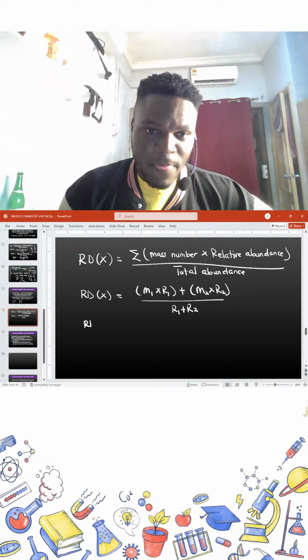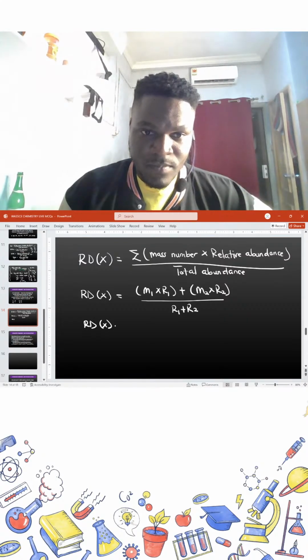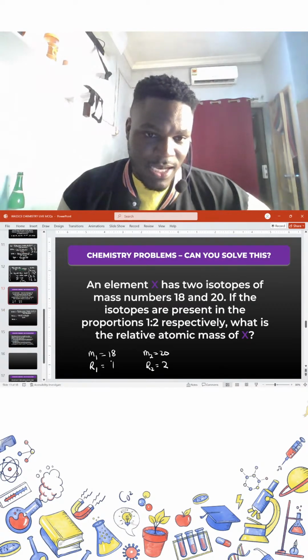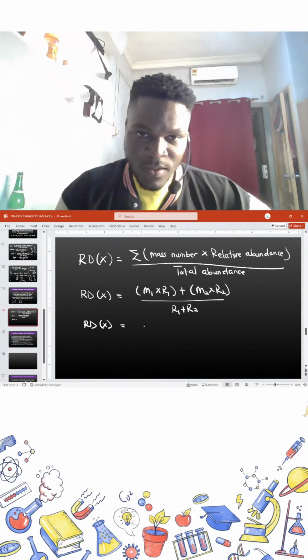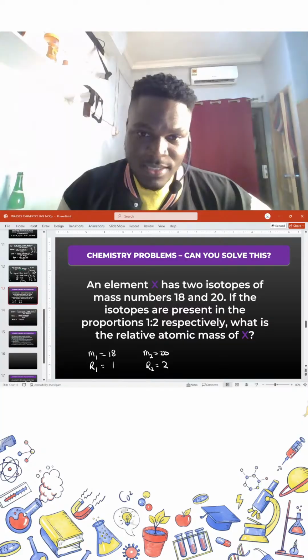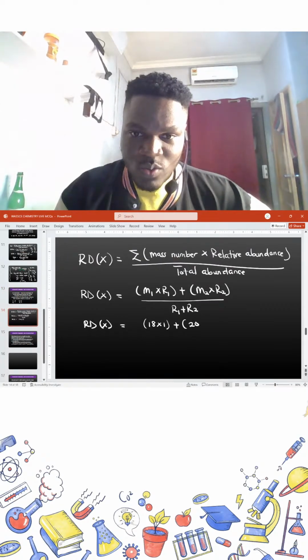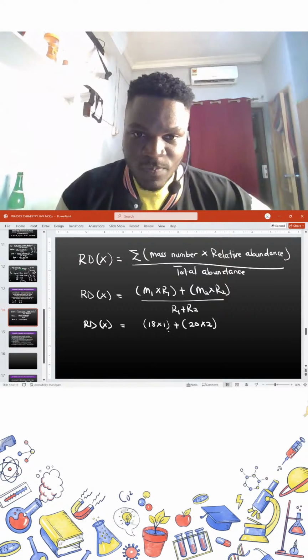So basically, this will be equal to the M1, like I said, is 18, and then the R1 is 1. So we have 18 multiplied by 1 plus the second one, 20 multiplied by 2, all over R1 plus R2.